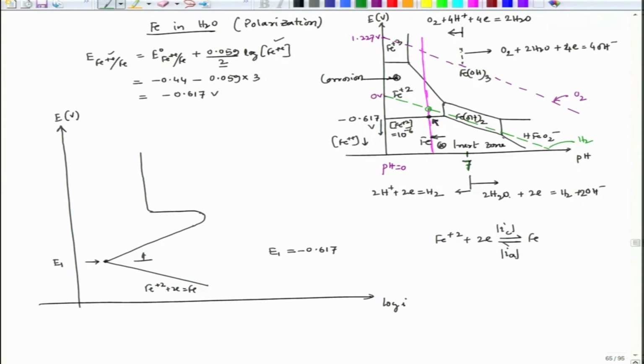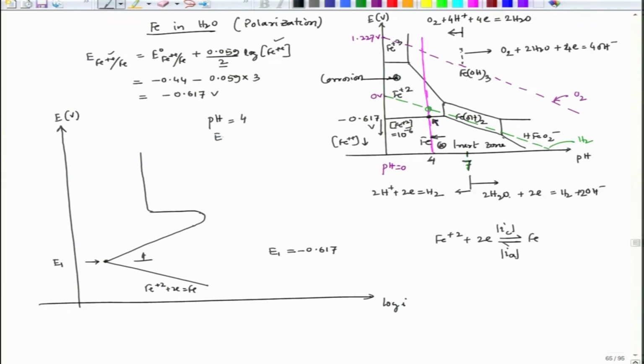Hydrogen evolution has its own polarization line in this plot. Here we have maintained the pH at, let us say, 4.